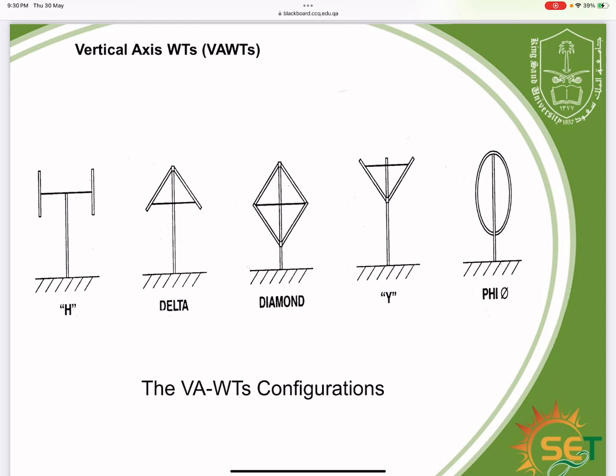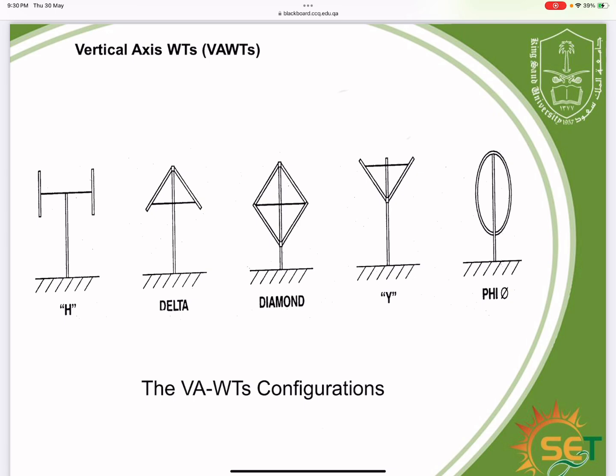But the disadvantages are structural challenges due to bending stress on the long blades, and lower starting torque, often requiring external assistance to start.